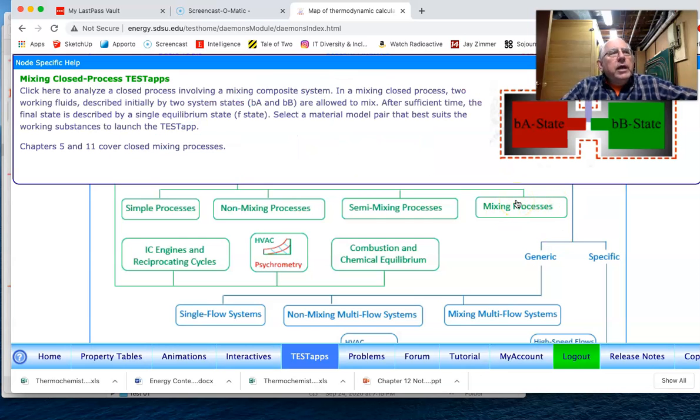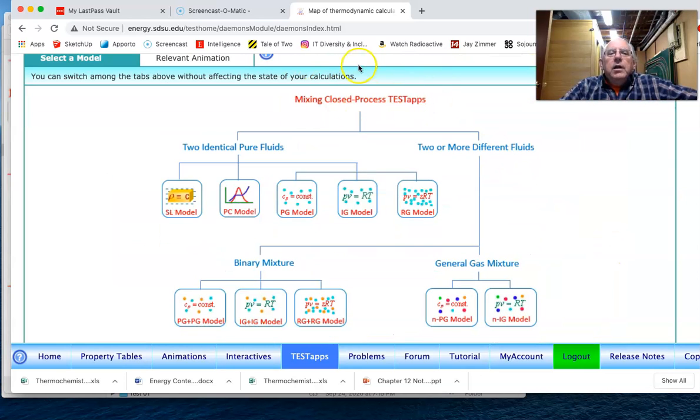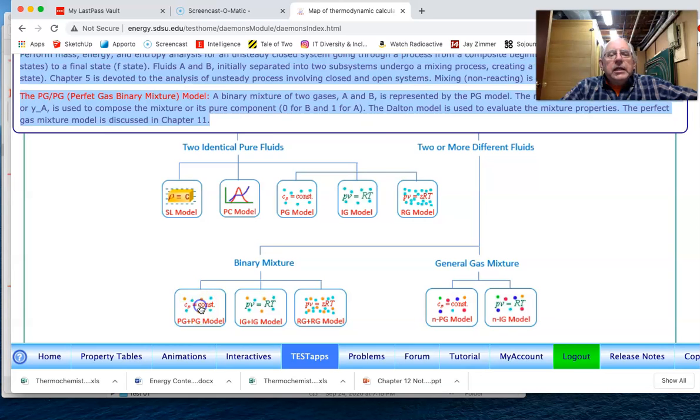We have 2 gases that are going to mix together. We look at what choices we have in the substances, and basically we have a binary mixture in this case, and we're going to treat them both as perfect gases. With that in mind, we select this.